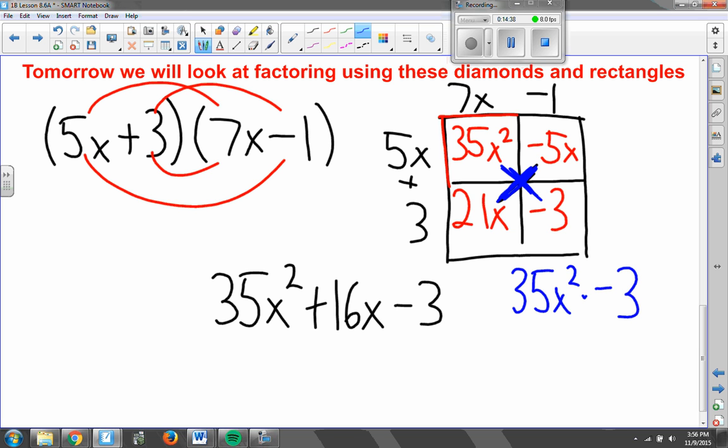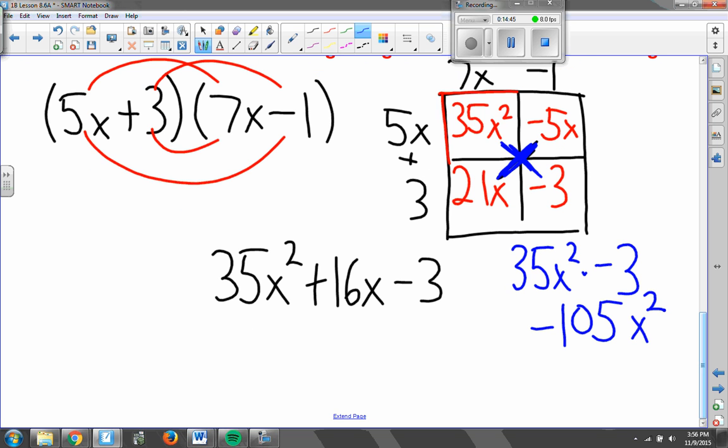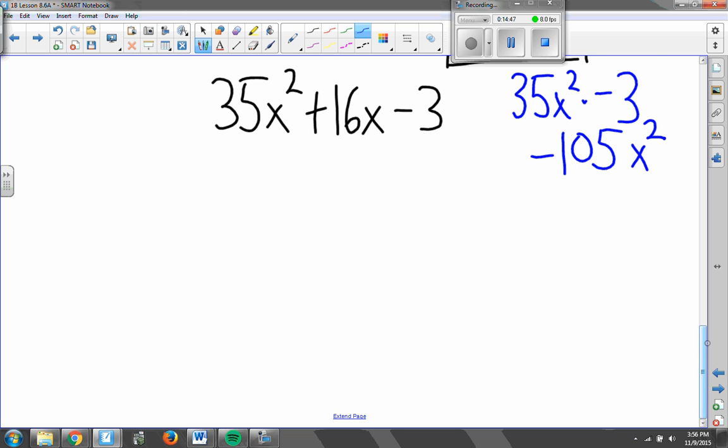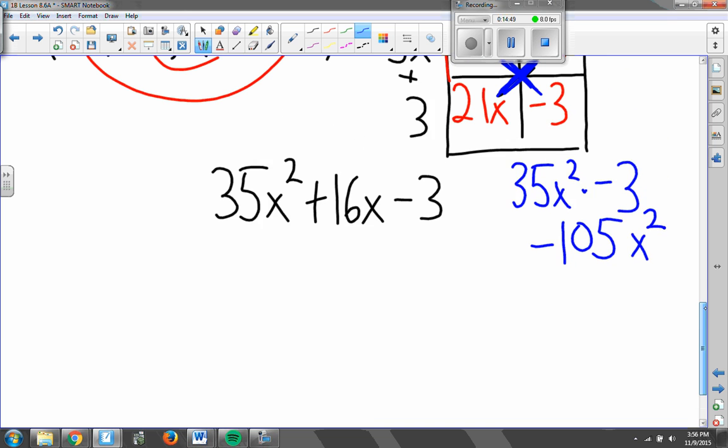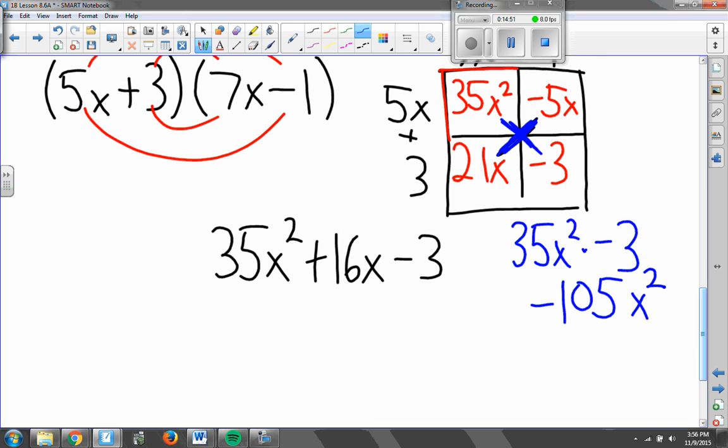If you check that on the calculator with me, you will get negative 105, and I still have my x squared attached. I'm going to give myself a little more space here. And then do my other multiplication, which is 21x times by negative 5x. And if I do that multiplication, check that on the calculator with me, it's negative 105. And I have an x in each piece, which gives me x squared.